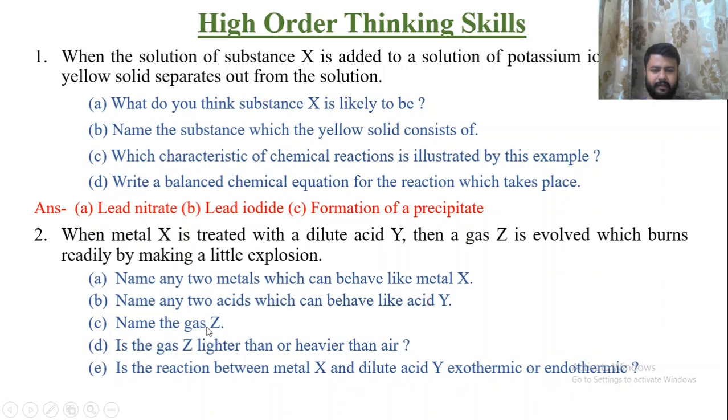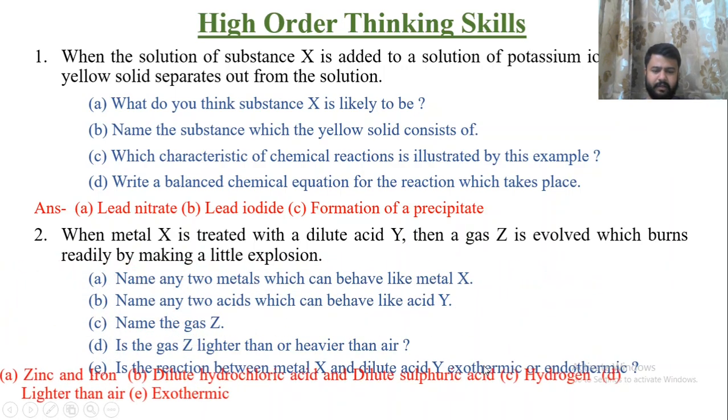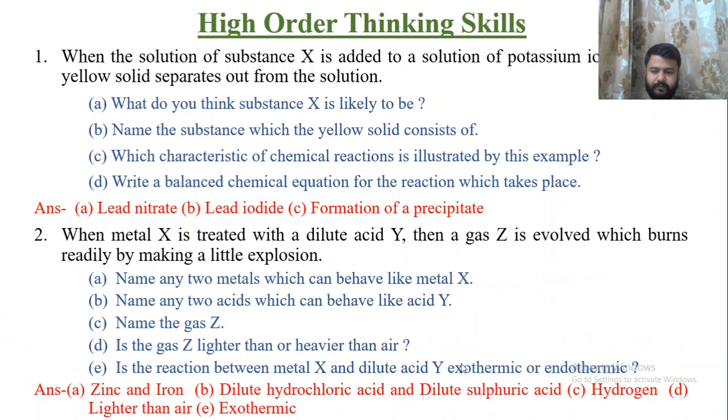Name the gas Z. Z is nothing but hydrogen gas. Is Z lighter or heavier than air? Z is lighter than air. Is the chemical reaction between X and dilute sulfuric acid Y exothermic or endothermic? It is an exothermic reaction. So you can clearly see this answer.